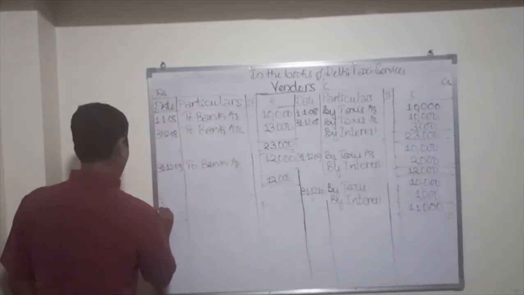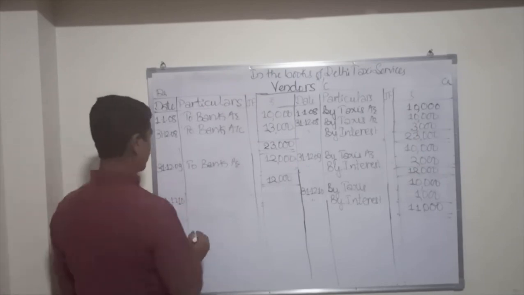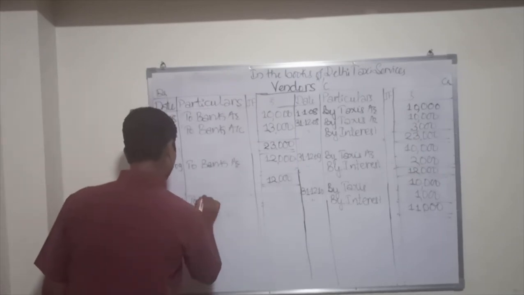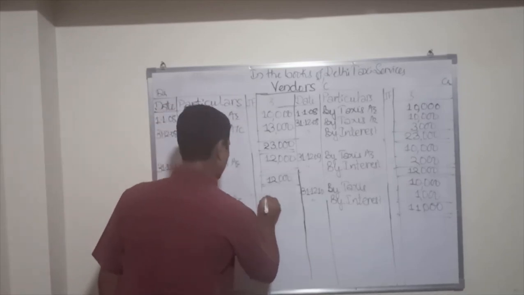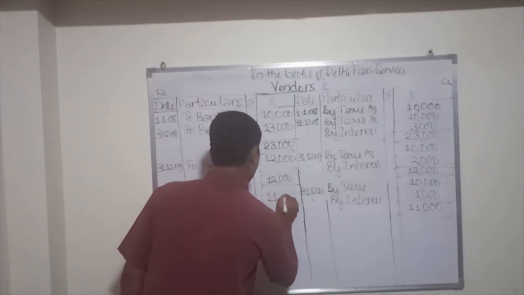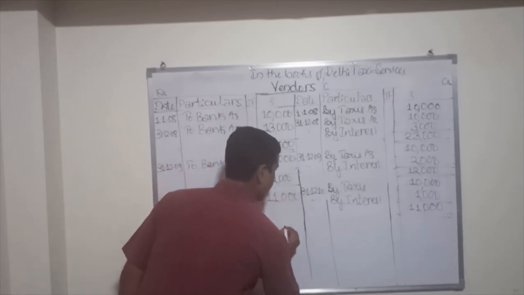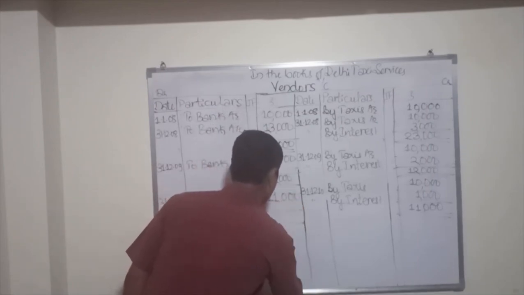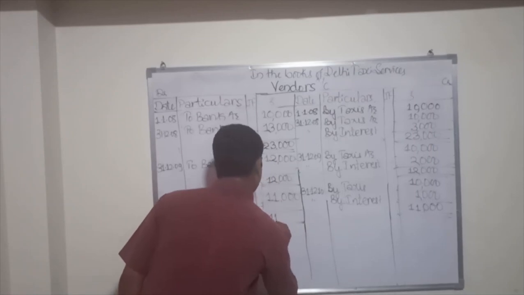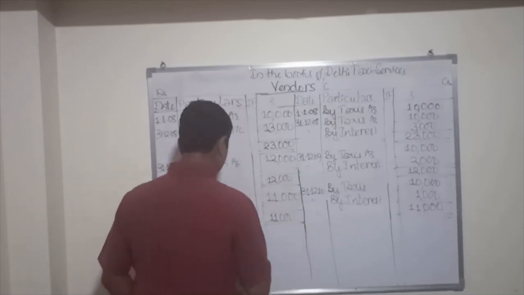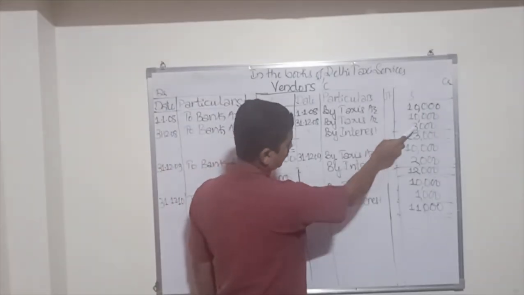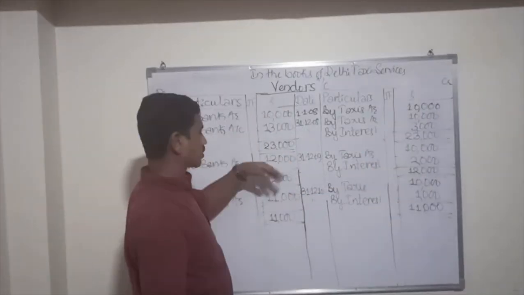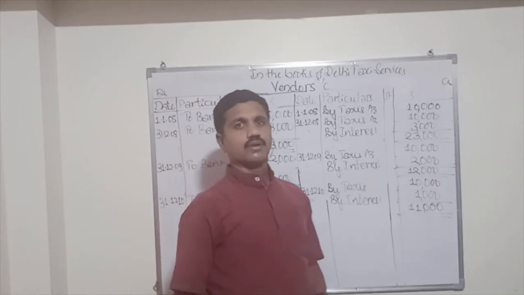So when the final payment is made on 31/12/2010, then the entry is vendor's account debit to bank account. So this is also 11,000. So this is how vendor's account is prepared. So one thing you should notice is that the interest should go on reducing whenever the installment is paid here. Thank you.